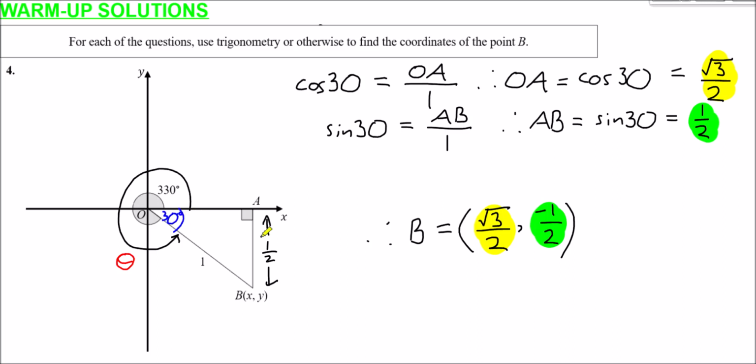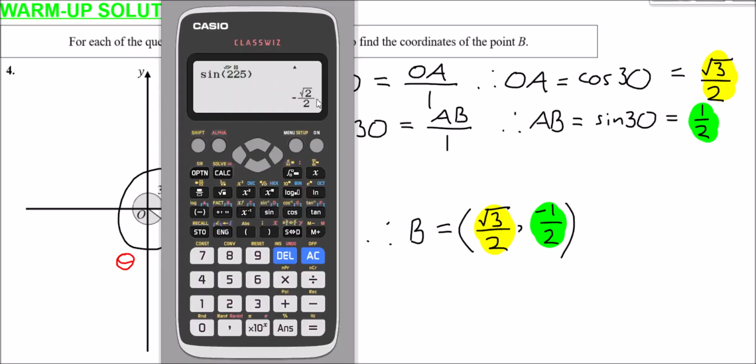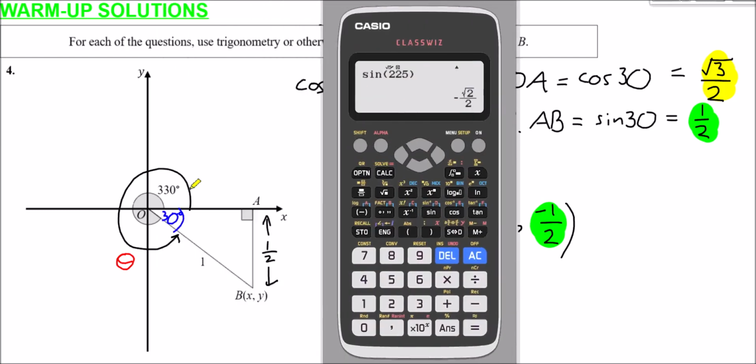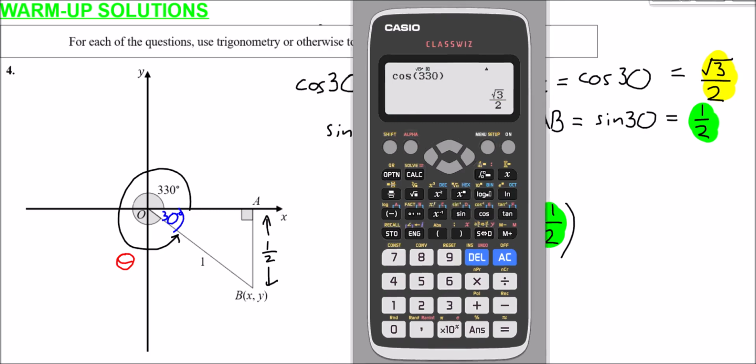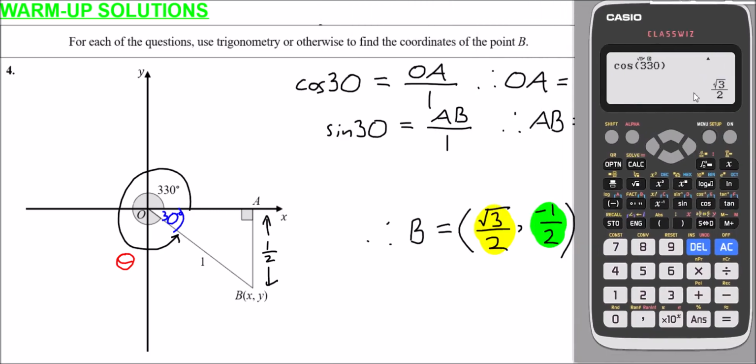But more than that, the main point to take away from this is each and every time, if we measure going anti-clockwise from the positive x-axis around to the line OB, then the cosine of the size of this angle will give the exact x-coordinate, correct magnitude and always the correct sign, and if we do the sine of this angle, it will always relate to the y-coordinate, same magnitude and also the same sign.